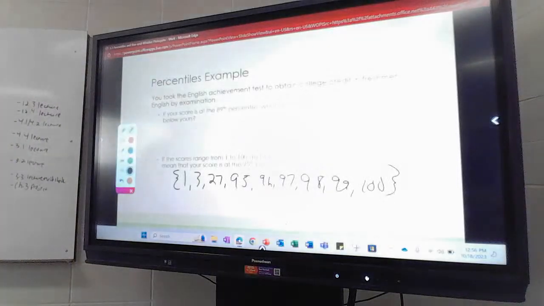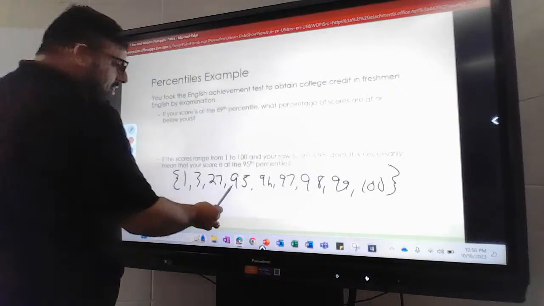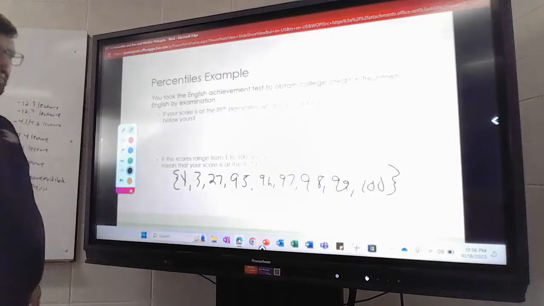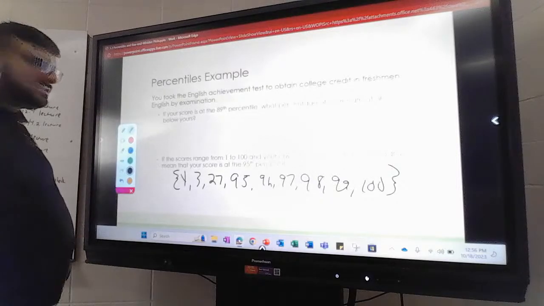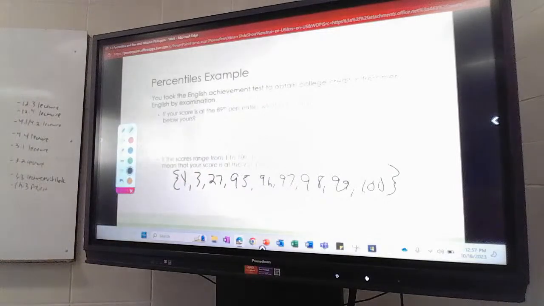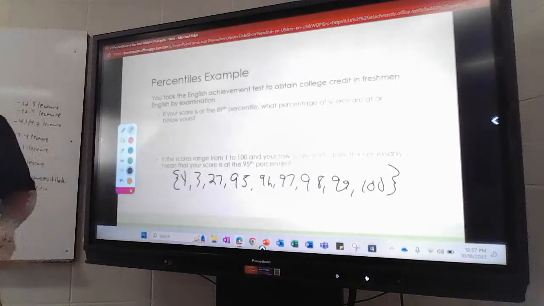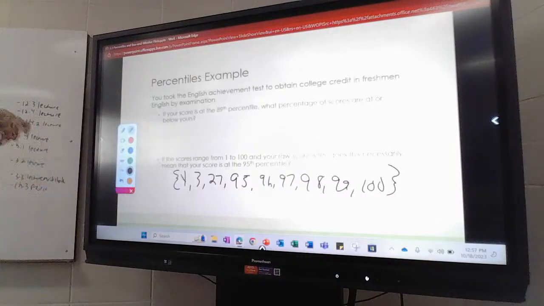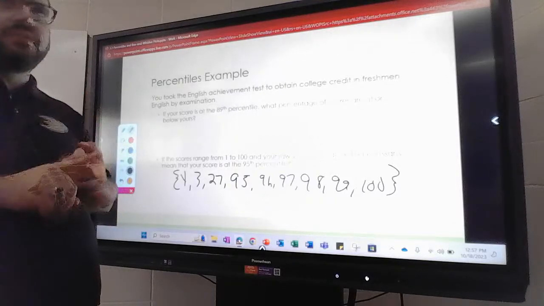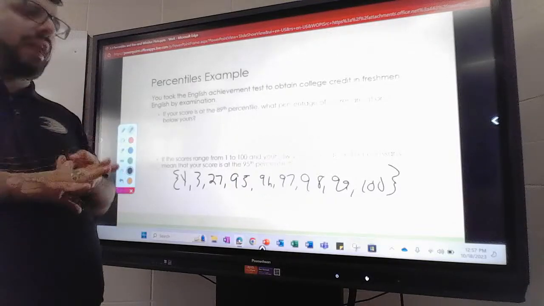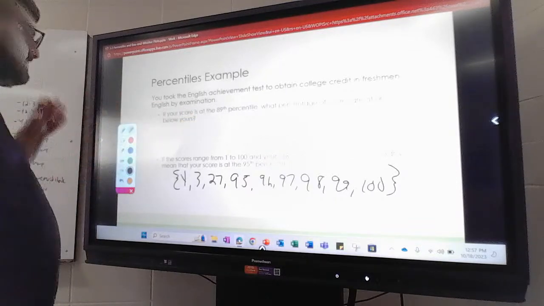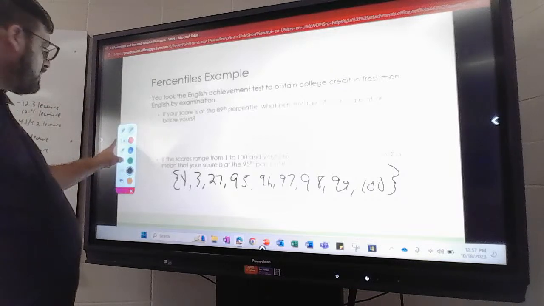So here's 95. Does this look like 95% of the data? It doesn't. So the 95th percentile doesn't necessarily mean that a score of 95 is the 95th percentile, because percentiles rely on two things. First, they rely on the values of the data themselves. They also rely on the number of values that you have. So just because you have a score of 95 doesn't mean that your score is at the 95th percentile.